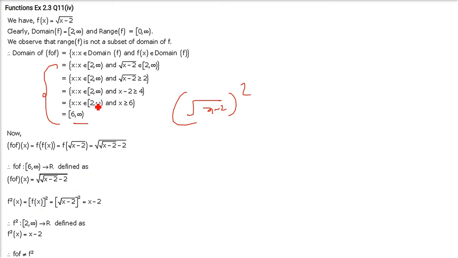So FOF is not equal to f squared. This is what we have to finalize.